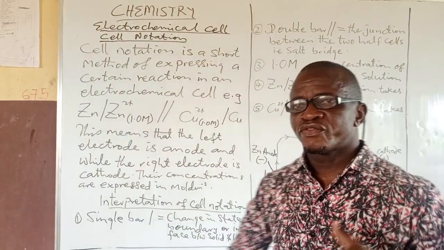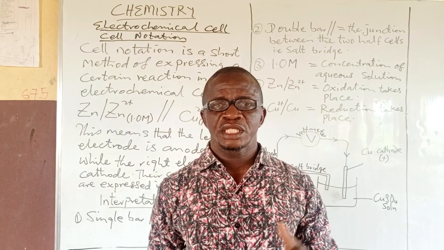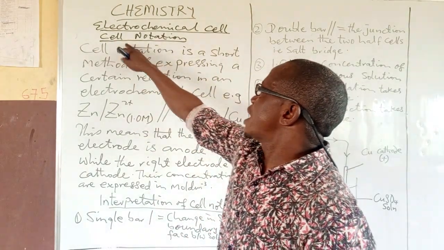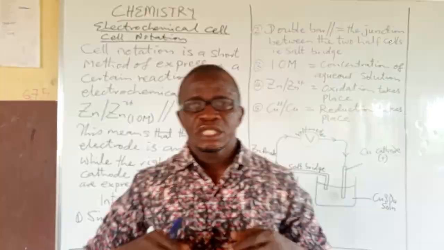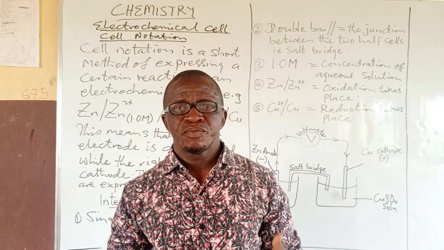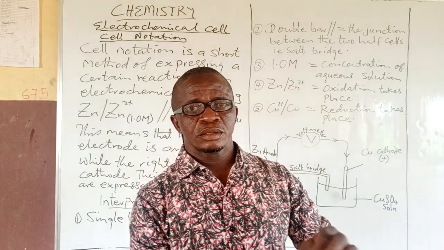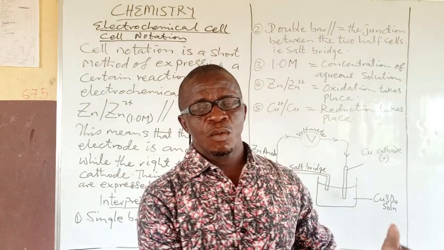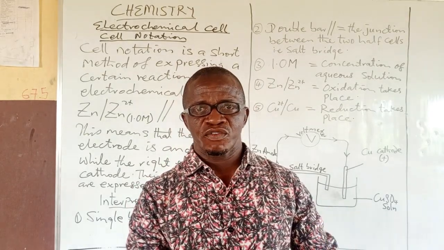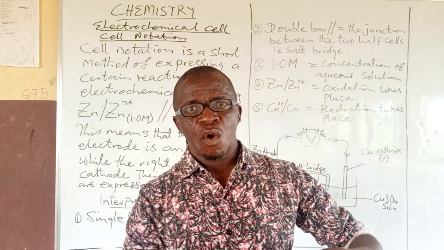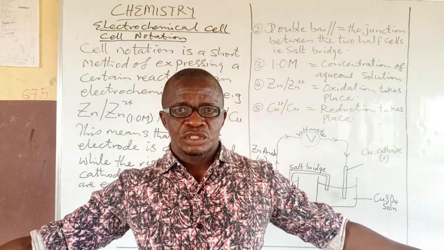Before I go deep into the electrochemical cell, I will start by telling you something about cell notation. Cell notation simply means a short method of writing something which stands for a very long process.